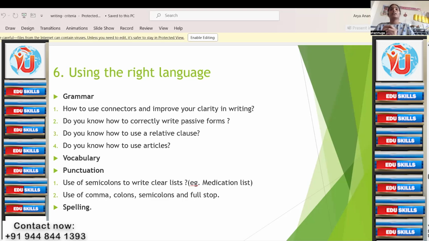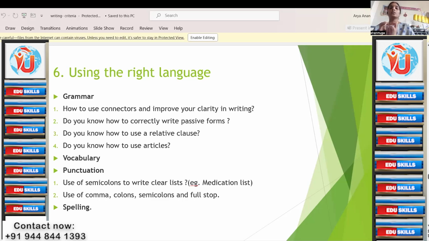If you use two or more connectors in one paragraph and they are not relevant to the previous sentences, or not appropriate to the sentences, it will not give the reader a clear reading. So whenever you use a connector, be careful to use the appropriate connector at the appropriate place.